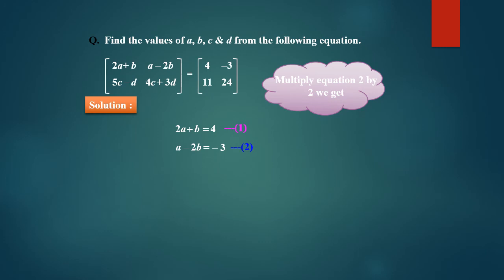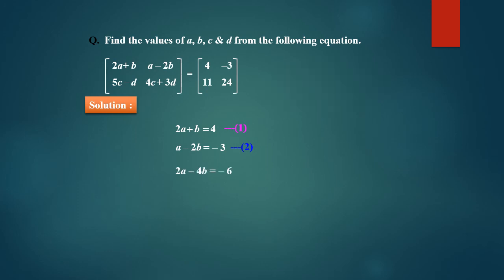First we will solve the first two equations to obtain the values of a and b. We multiply equation 2 by 2, we get 2a minus 4b equal to minus 6, and then subtract. The first equation is 2a plus b equal to 4, and the second equation is 2a minus 4b equal to minus 6.